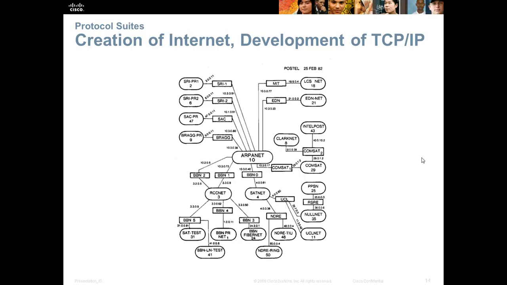The TCP/IP protocol is the most common protocol and is made up of a bunch of sub-protocols such as HTTP, FTP, DNS, SMTP. These are all part of the TCP/IP protocol suite. So most of the protocols that we will talk about, or actually all of the protocols we'll talk about in this class, are part of the TCP/IP protocol suite, that again you must have to be part of the internet.